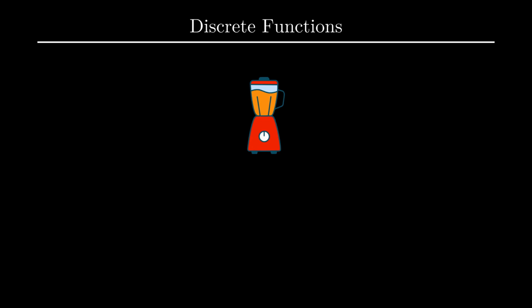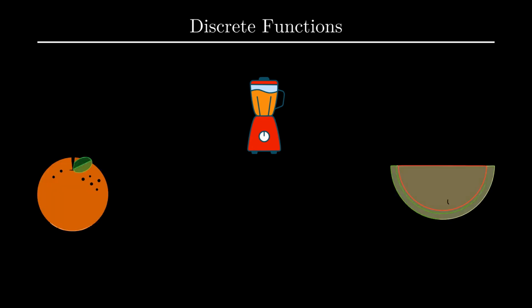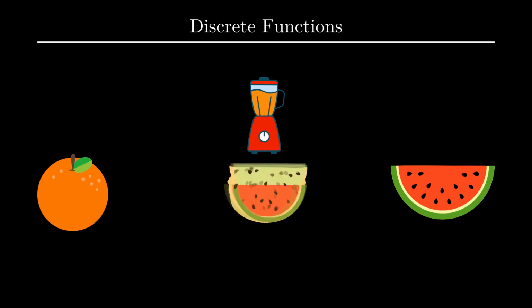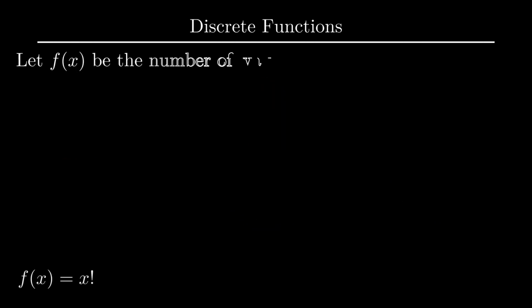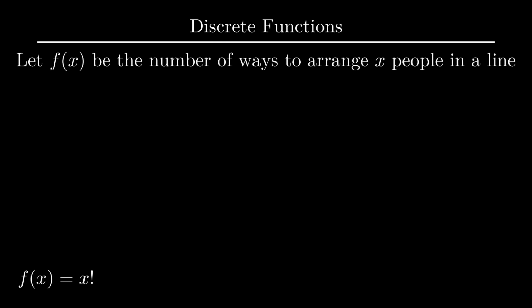Discrete functions are functions that accept specific objects. For example, the blender from earlier, which only accepts fruits, and there is no fruit in between a watermelon and an orange. There are also discrete mathematical functions too, like counting the number of ways to arrange x people in a line. Surely you can't arrange 7.5 people, and you can't have 2.3 ways of doing it.